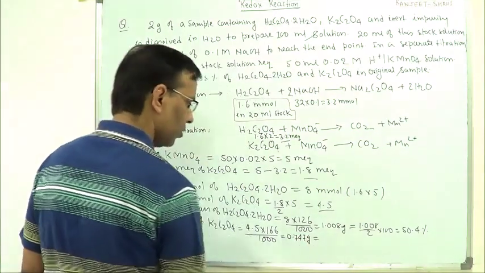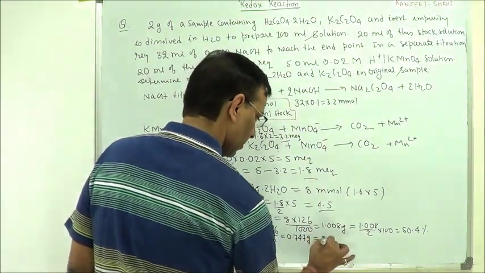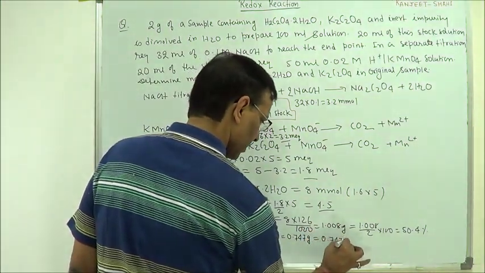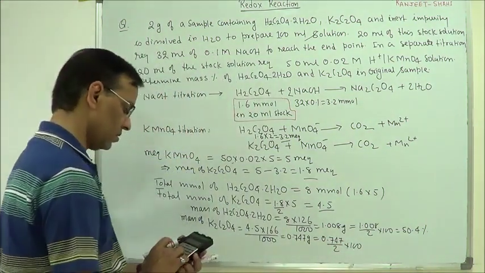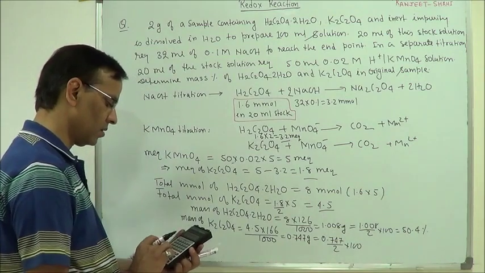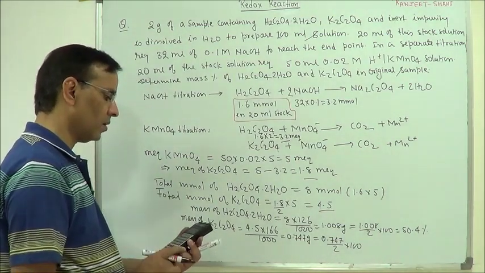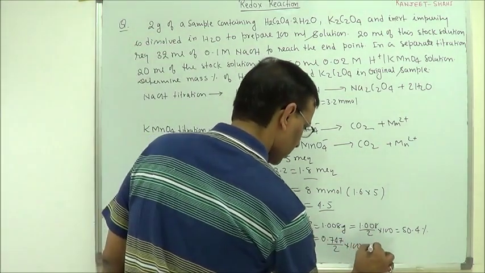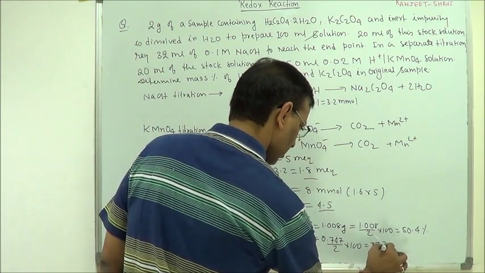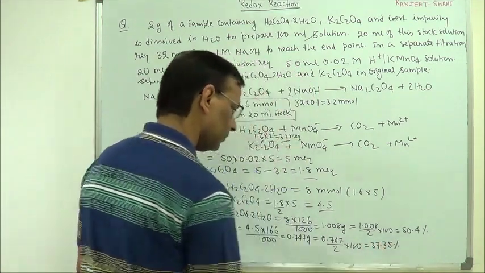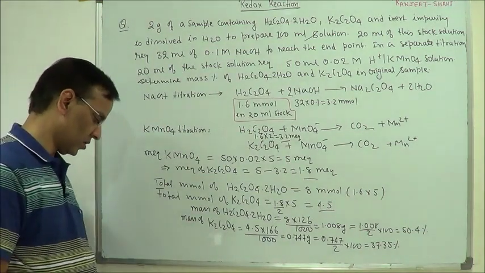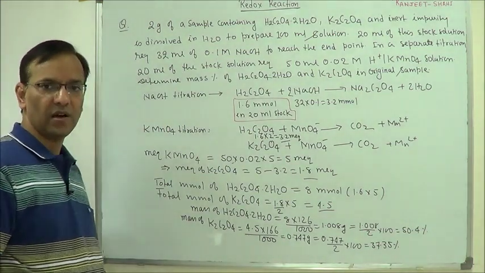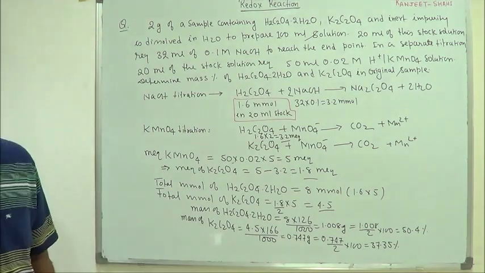If we convert it into percentage, it will be 0.747 upon 2 into 100. So 37.35%. So that is the way we proceed for redox titration.